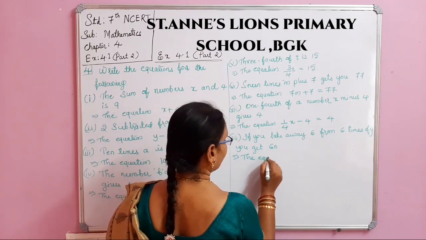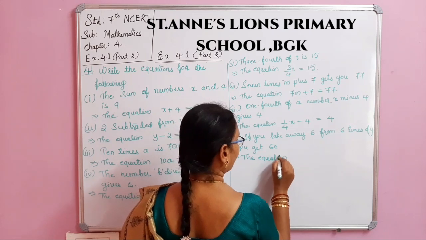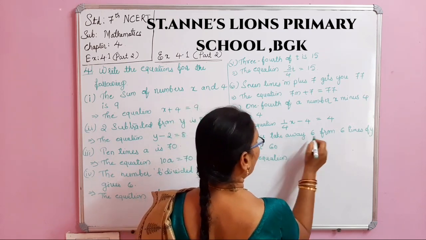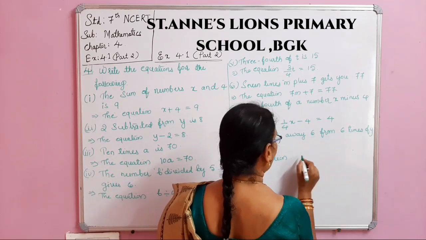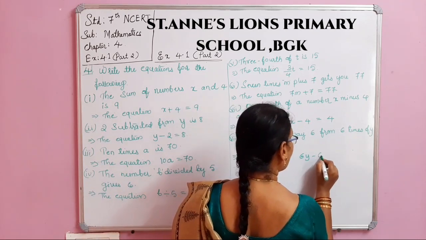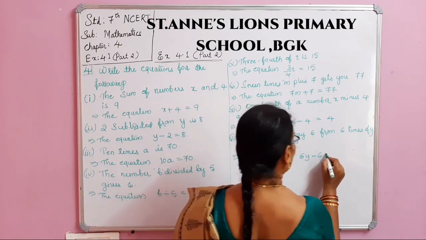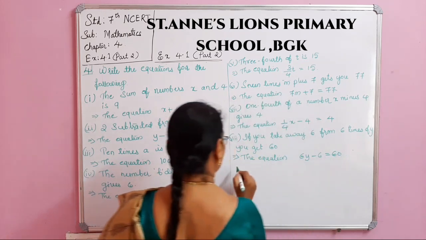The equation, you take away means minus 6 from 6 times y. 6y minus 6 is equal to 60.